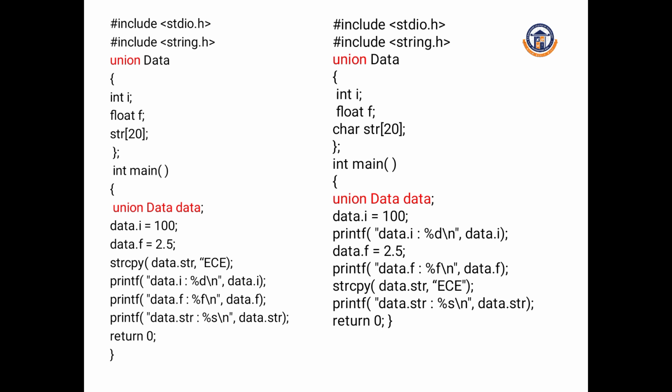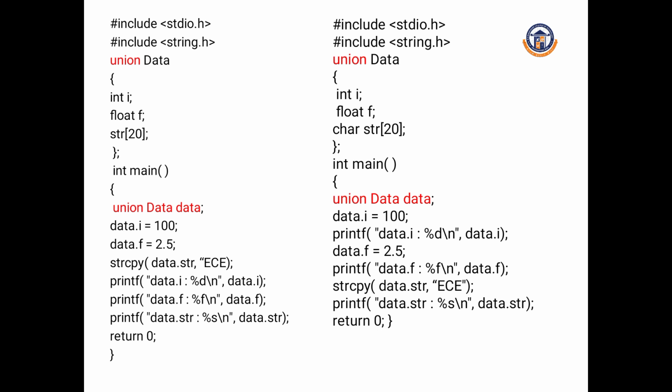For printing the float, data.f is %f, data.f, and data.string with %s. So the string we are going to copy is printed with %s, data.string, and return 0, since I have declared my main as an integer function.